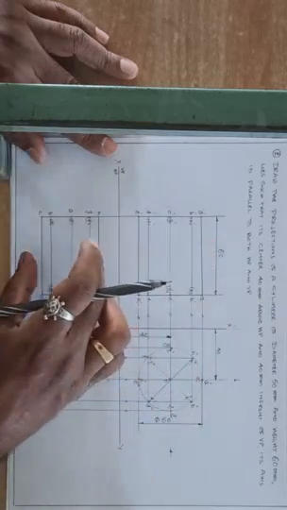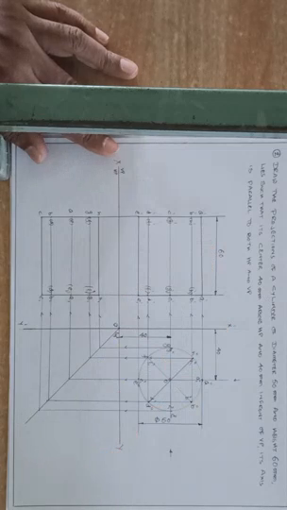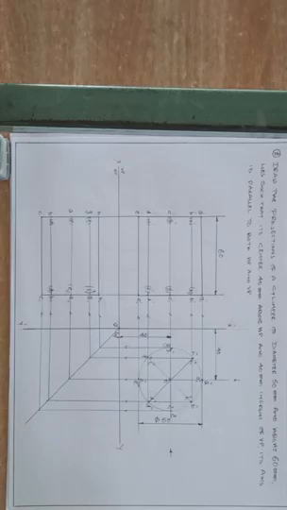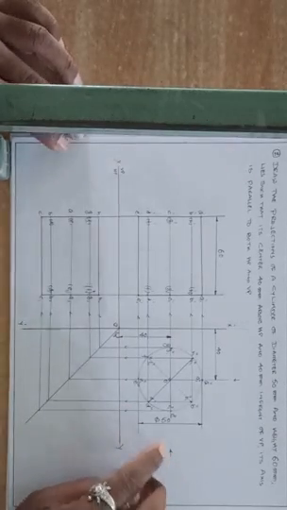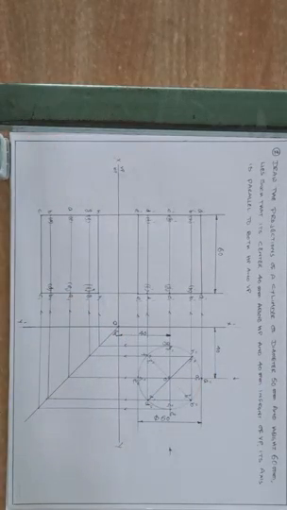Here you will get one rectangle, here also you will get a rectangle, and be careful while showing the notations in the front view and the top view. For front view, looking from here. For top view, looking from the top. Okay, that's all. Thank you.